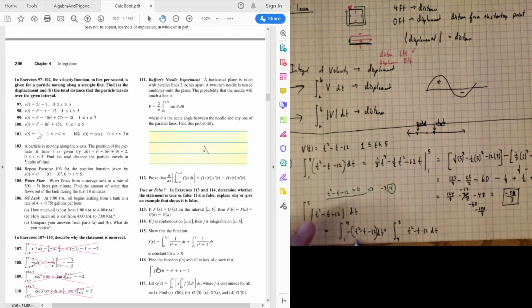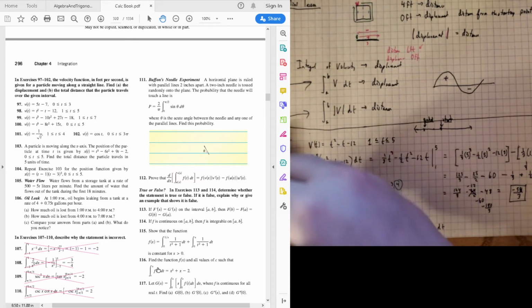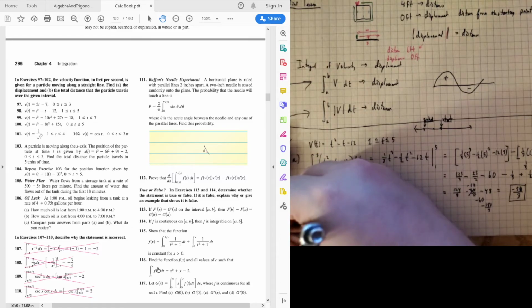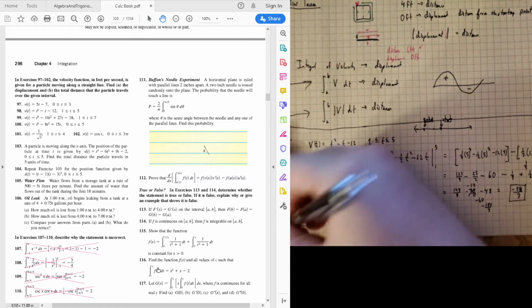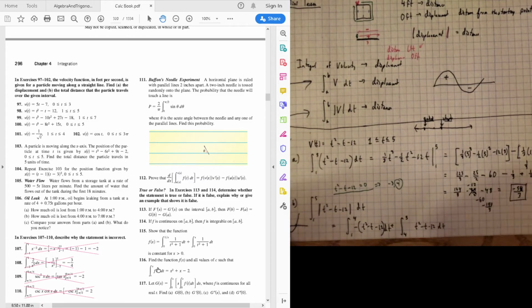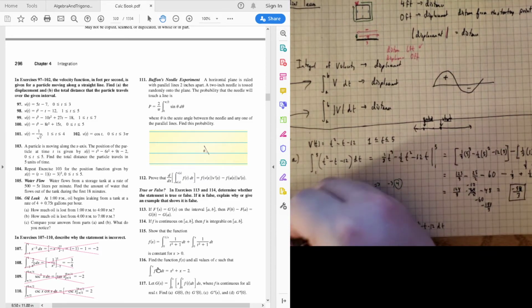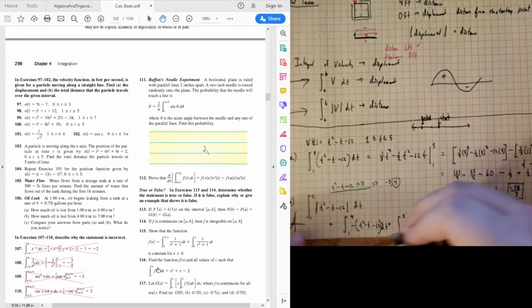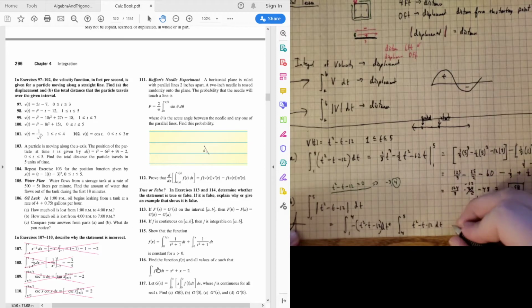And it helps if you know what this graph looks like. I know, because of how much I've done these kinds of problems, that this graph looks a little something like this. And so I know it starts negative and becomes positive later. Because remember, we're going from 1 to 4. So I know it starts negative, which means this one is the one that has to be fixed. And the second one is the one that's just fine the way it is.